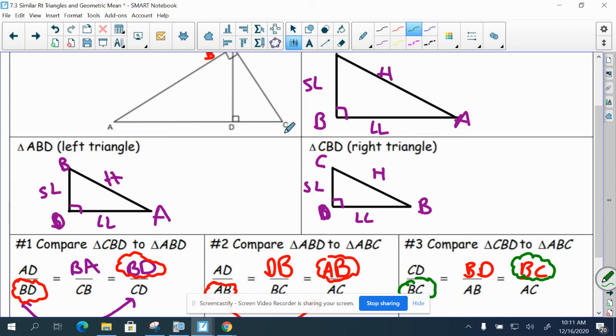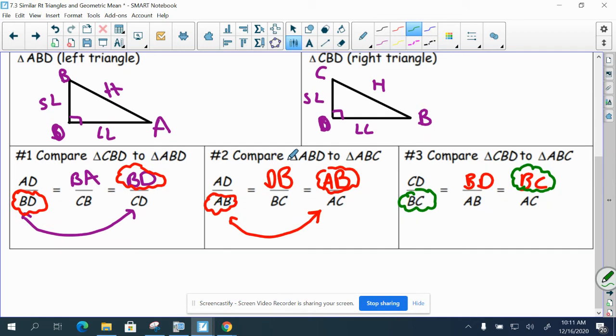So once again, short leg, hypotenuse, part of the hypotenuse to short leg. In other words, the short leg is the geometric mean between the whole hypotenuse and the part of the hypotenuse it's adjacent to. The long leg is the geometric mean between the whole hypotenuse and this part of the hypotenuse it's adjacent to. And your altitude, BD, is the geometric mean between the two parts of the hypotenuse. So the altitude proportion only uses the parts of the hypotenuse, not the whole thing.